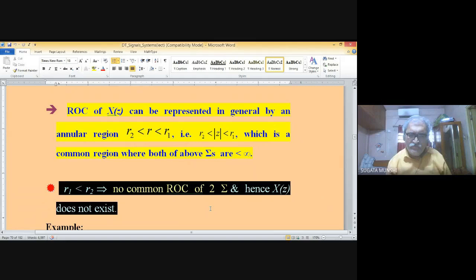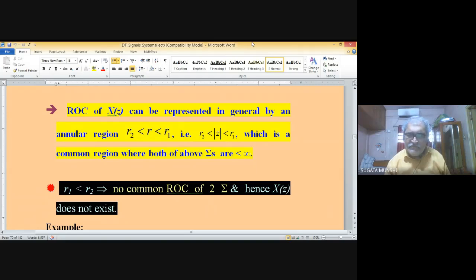It was found that the Z transform of the causal part of the sequence has a region of convergence outside the circumference of a circle centered at origin in the Z plane, while the Z transform of the anticausal part was converging in the interior of a circle centered at origin in the Z plane.